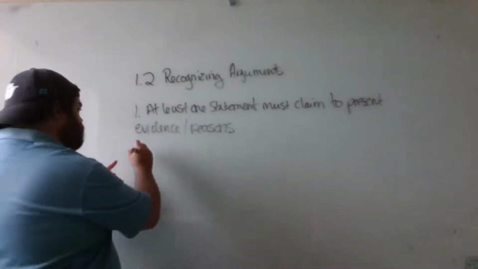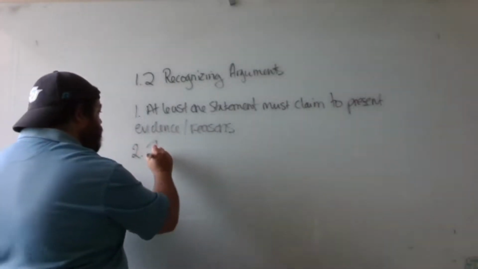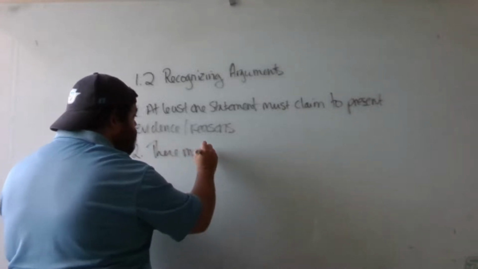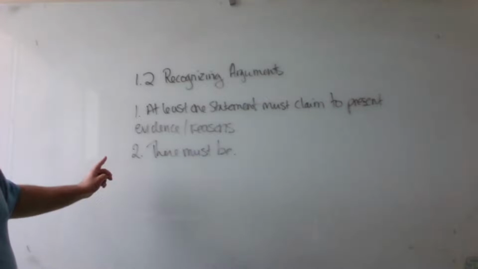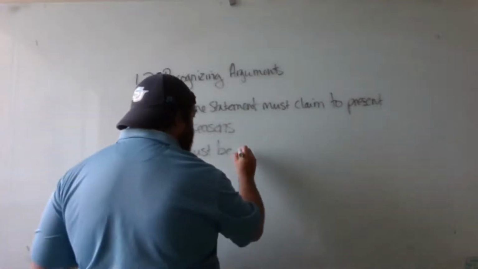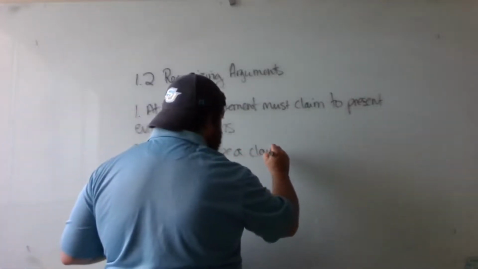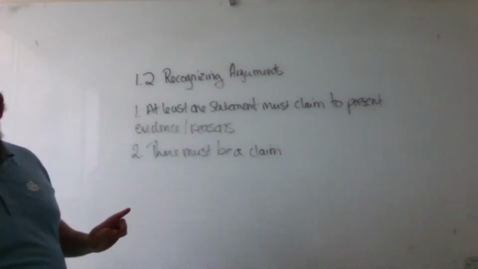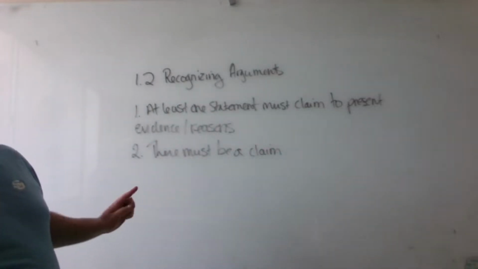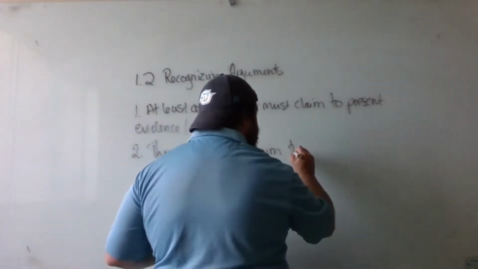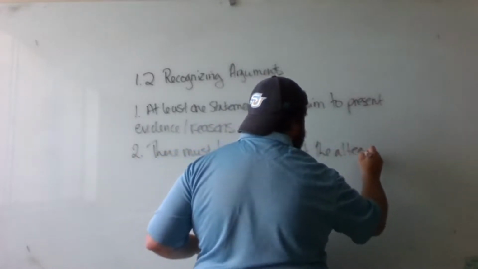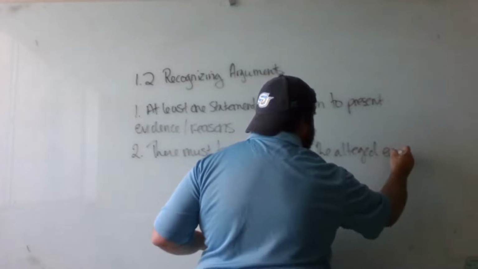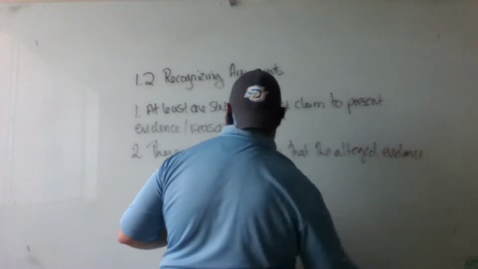And then two, and I'm trying to get the wording of the book correctly, there must be a claim, right? That the alleged evidence, right?